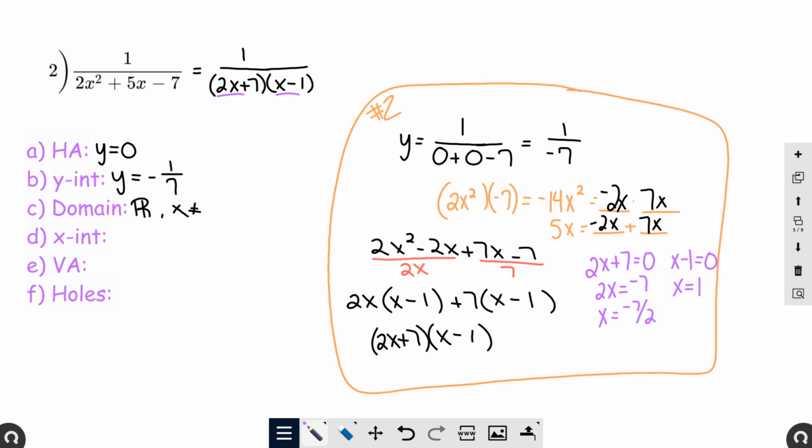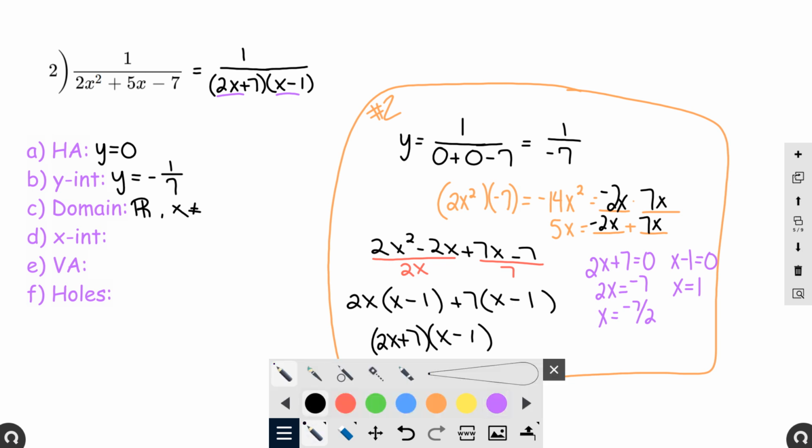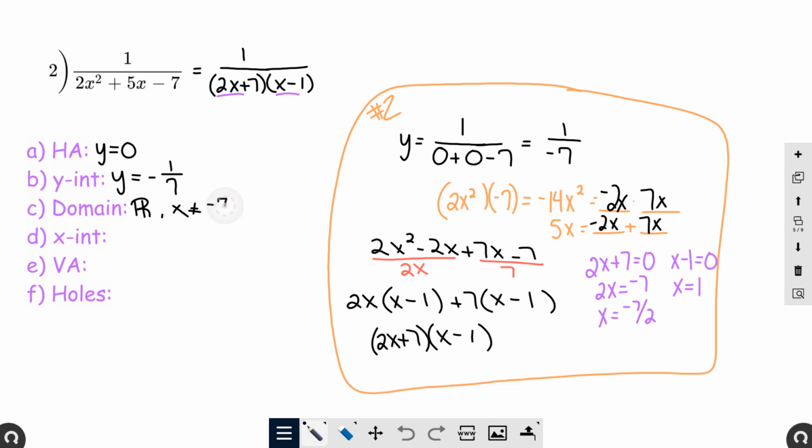Very good. And I just left that one as a fraction, so I'm going to say negative 7 over 2, but negative 3.5 works. It doesn't matter to me if you write it as decimal or fraction. So x cannot be negative 7/2 or positive 1. Pretty much everything that you factor, you're also going to set it equal to 0 and solve. So keep that in mind.